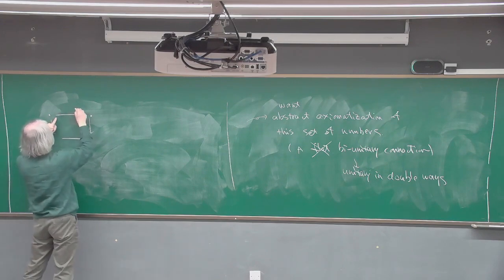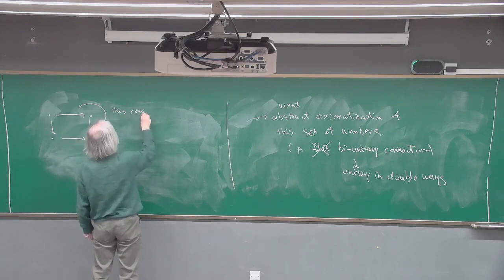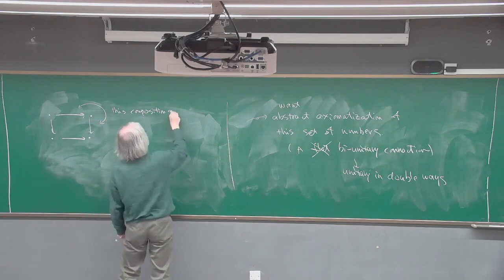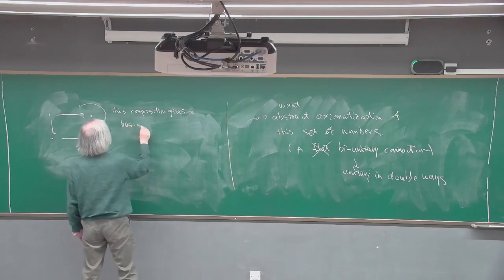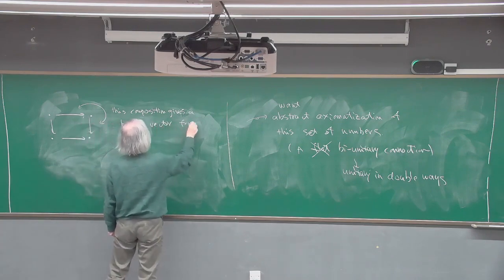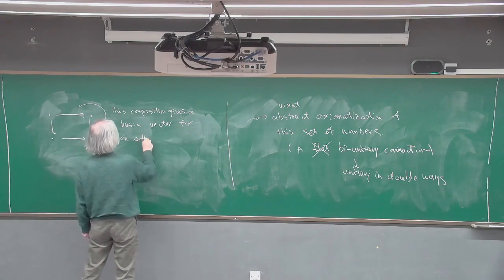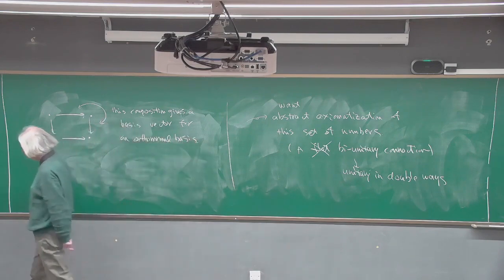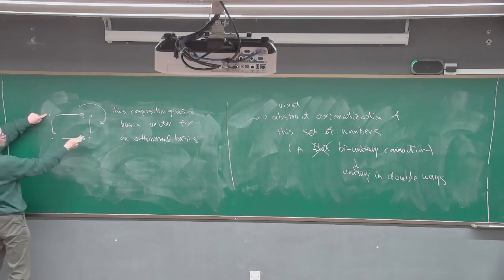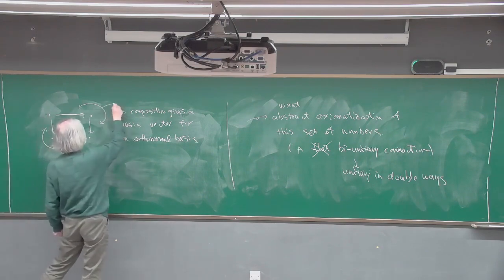Then here the composition gives a basis vector, or some orthonormal basis, of the intertwiner space from this upper left to the lower right here. But here, this composition also gives a basis vector for the same space.